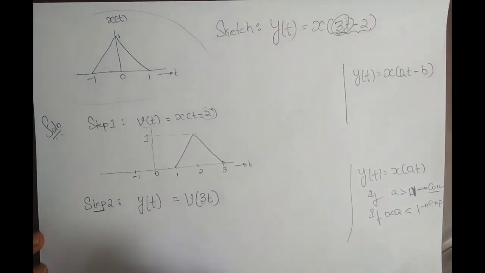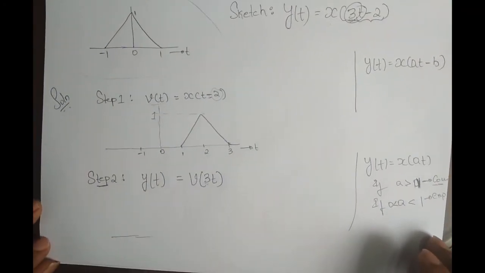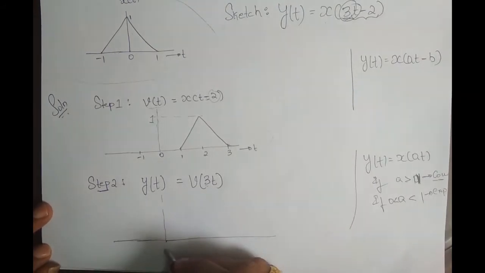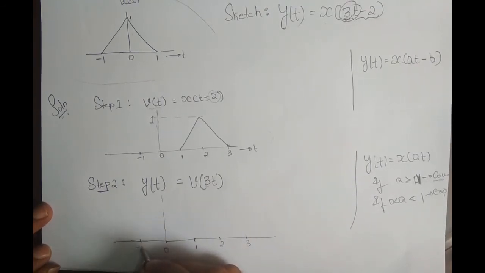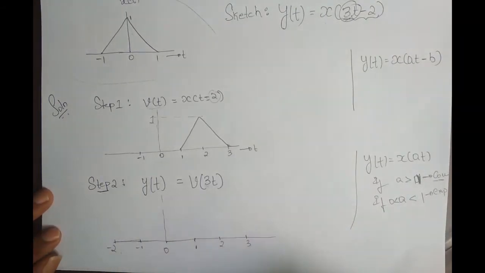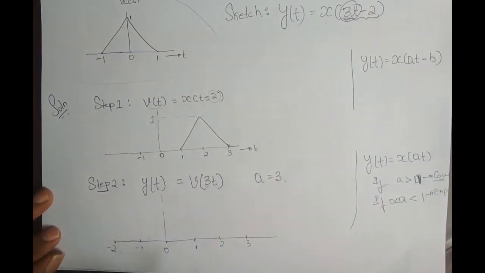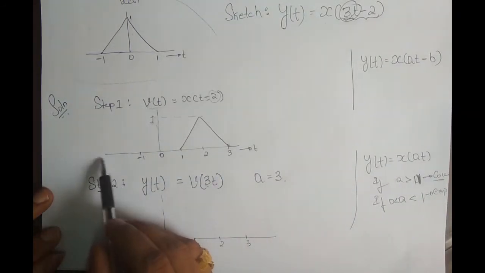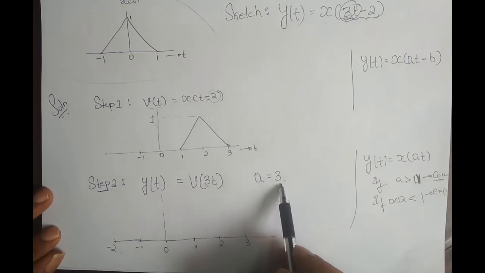Now how do I perform this compression of the signal v of t? Let me plot this. I have 0 here, 1, 2, 3 and so on, minus 1, minus 2. The value of a is 3. In the signal v of t, for t varying from minus infinity to infinity, I have to multiply by the inverse of a.